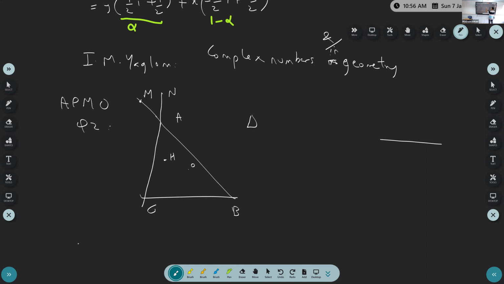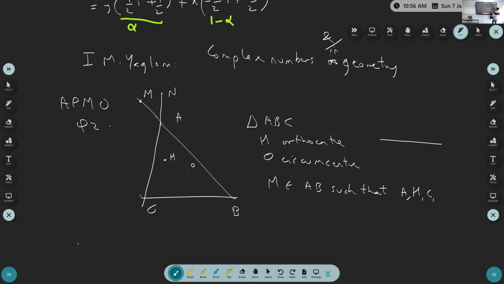So triangle ABC. So M is a point on side AB such that AHCM.